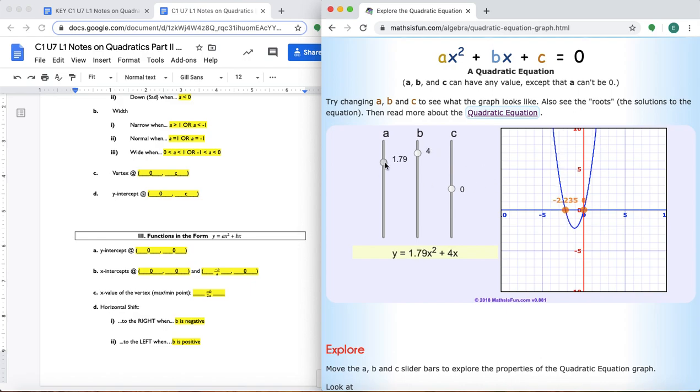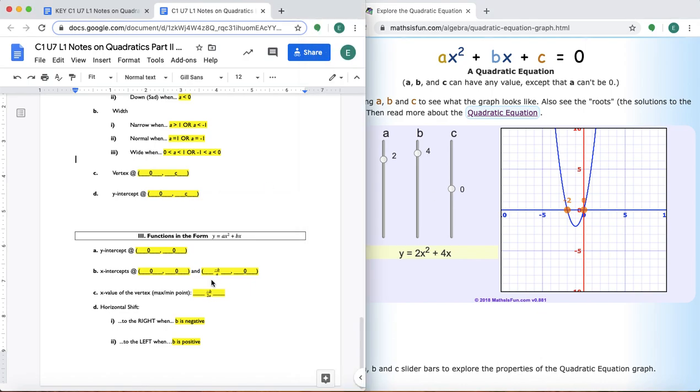Well, if I put a to 1, there we go. You'll see that the x-intercepts, where it crosses my x-axis, are at x equals 0 and x equals -4. It's just the opposite of b. But once I change my a value up to 2, it switched. So really what I'm doing is 0, 0 and the opposite of b divided by a.